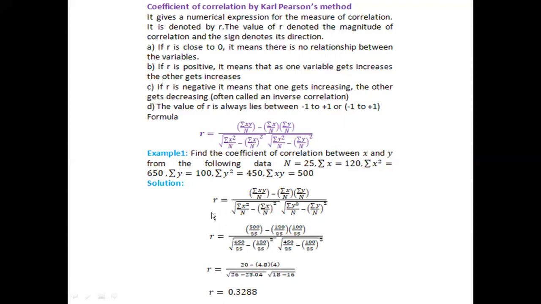Solution. Step number 1: first write down the formula, and step number 2: substitute all the values.